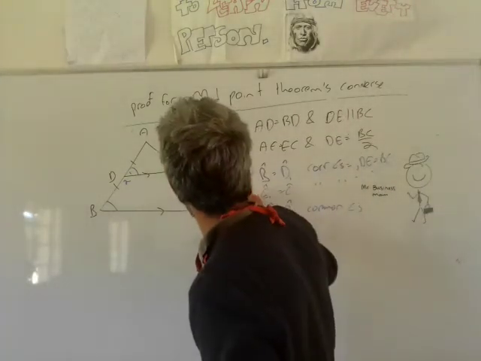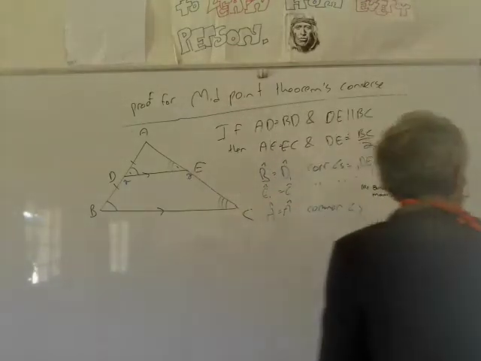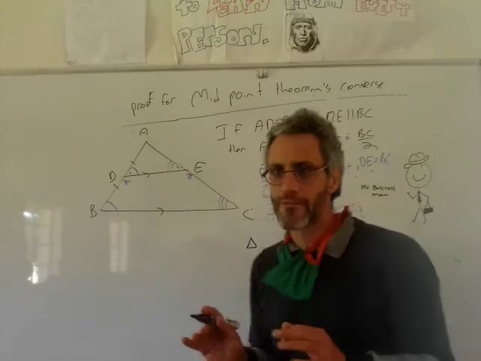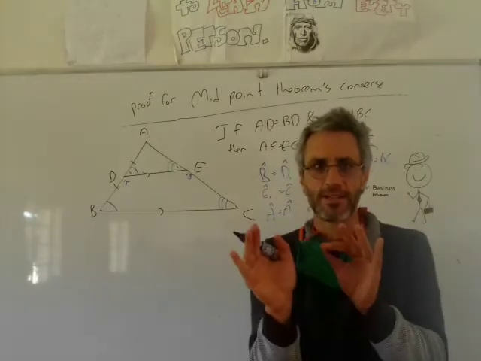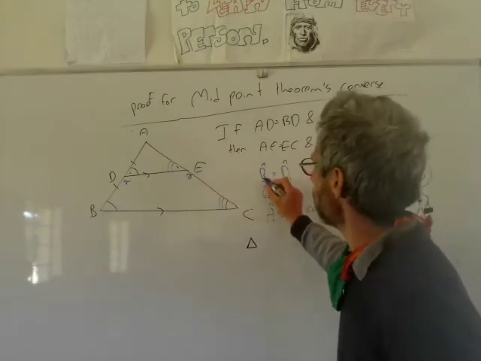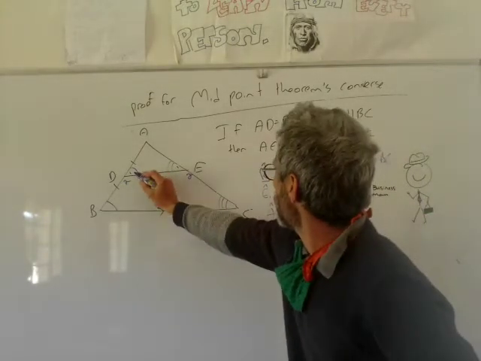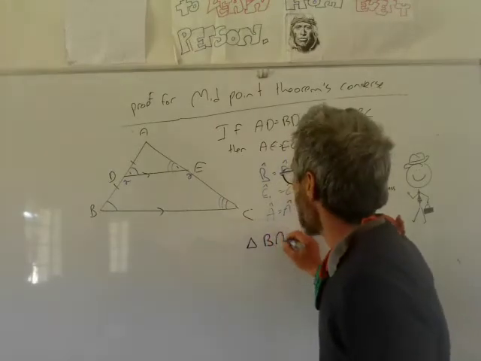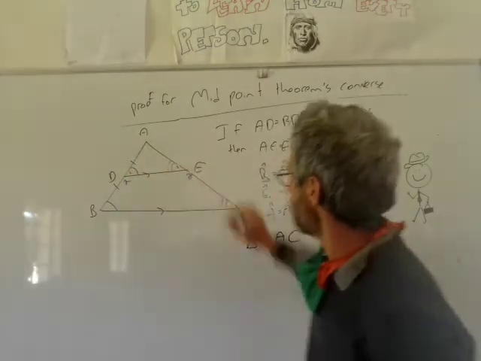So, what I can say now, let's move to purple. Remember, here I've got to be careful that the way I line up the letters matches the way the angles are the same. So I know that angle B is equal to angle D1. So I'm going to call the big triangle BAC.